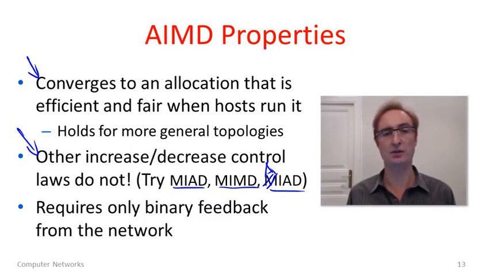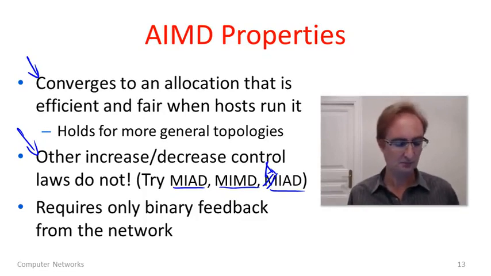Some of them just go to and fro, others diverge, so they actually move away to a worse allocation. And we're doing all of this requiring really very little, just this binary feedback from the network about whether it's congested or not. So AIMD is quite useful.